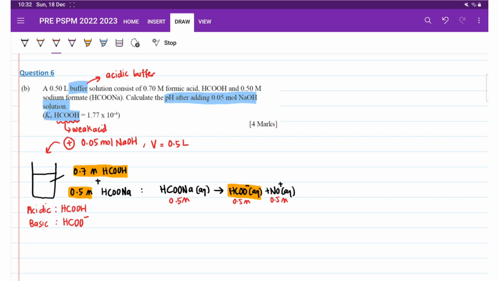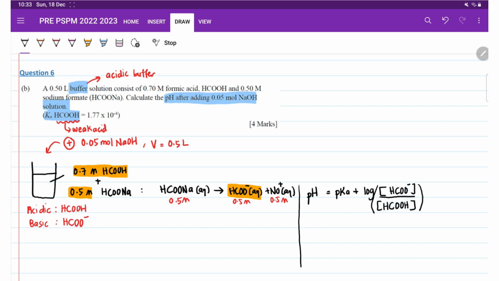So, before we go on looking on how we're going to solve, tentukan dulu what is the pH equation that you're going to use. So, disebabkan dekat sini kita ada acidic buffer, the pH equation that we're going to use, the Henderson-Hasselbalch equation, is like this. pH equals pKa plus log concentration of conjugate base over concentration of weak acid.